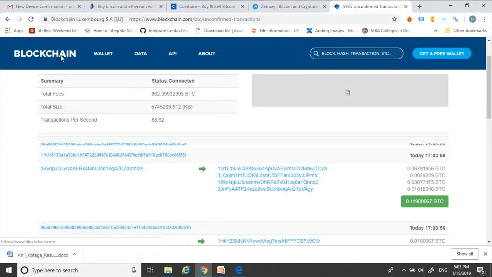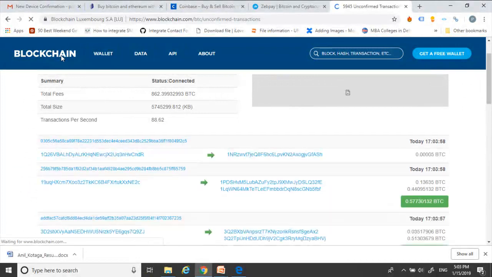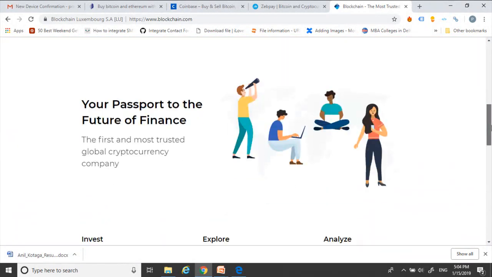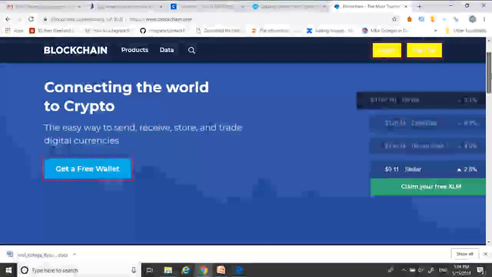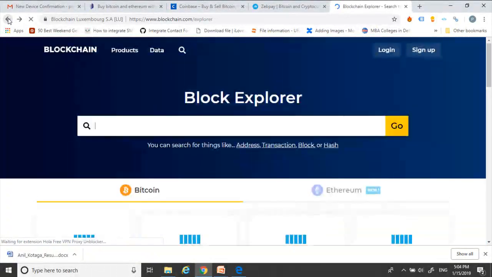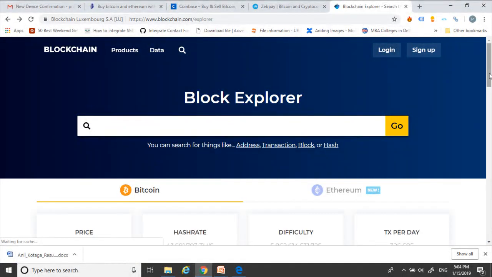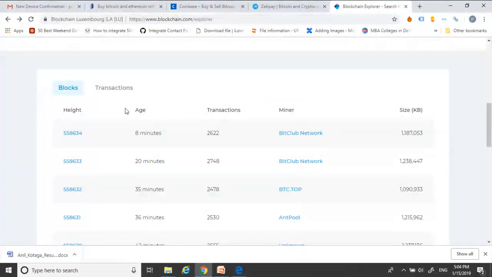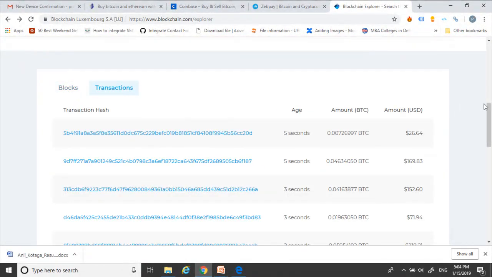Anyway, let's get back here. You can get a free wallet here. So I just want to get back to the Explorer. We have the blockchain Explorer here, and we can see the block transactions here. Now this is the transaction hash.